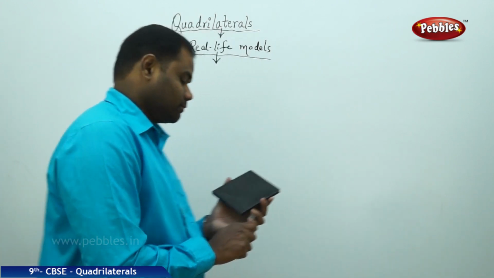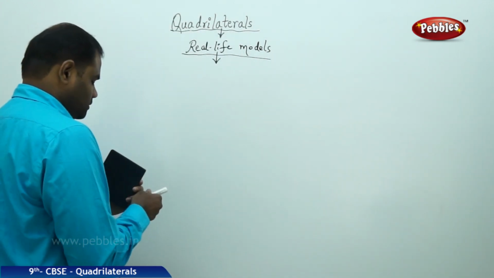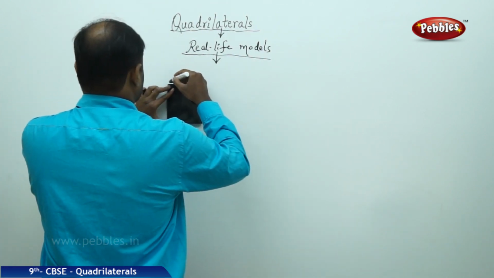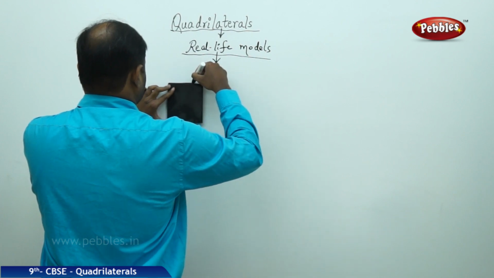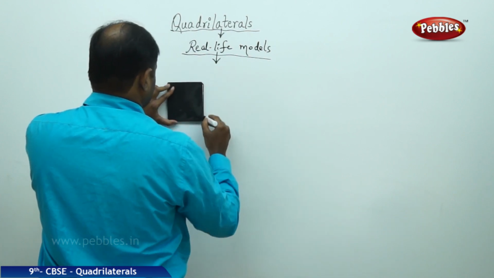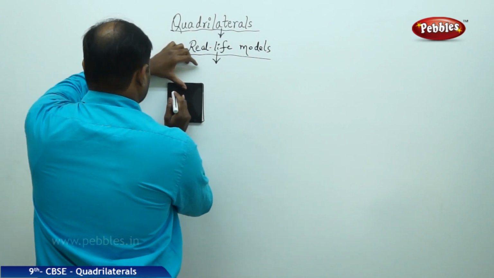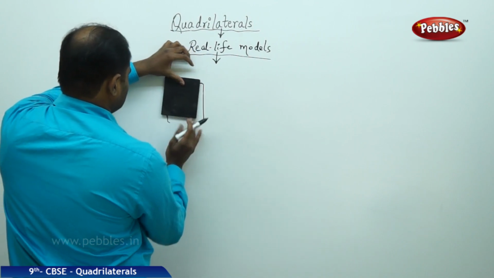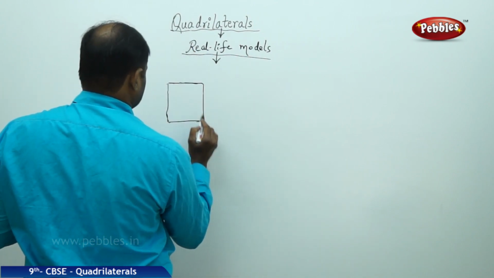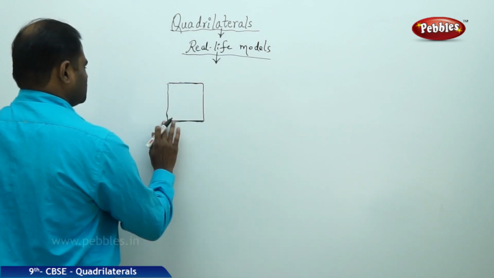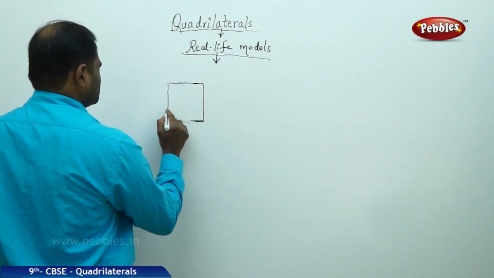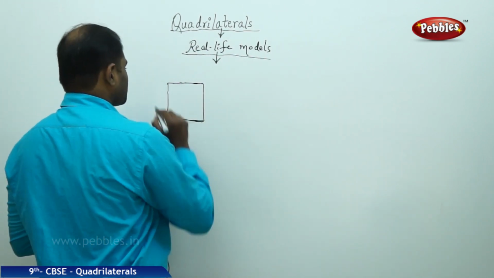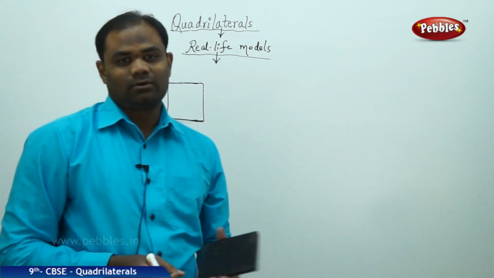Let's go with this disc as taken here. So here is the shape of the disc cover when I draw it on the board.